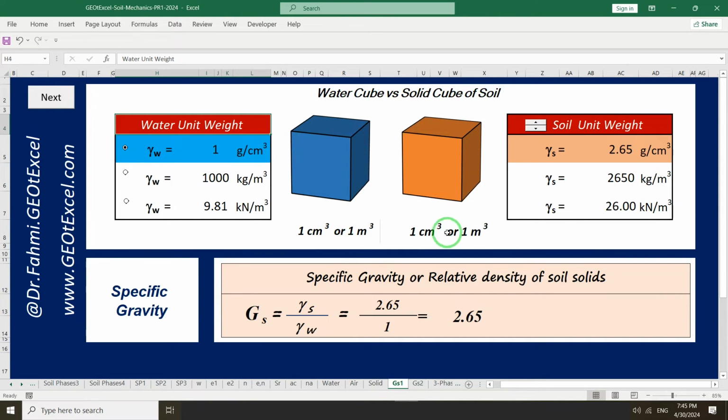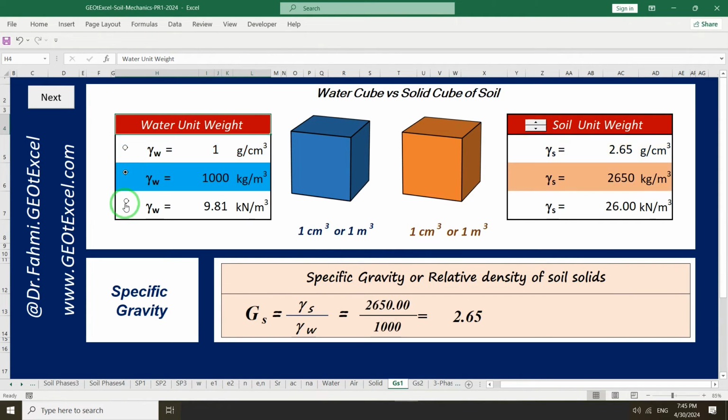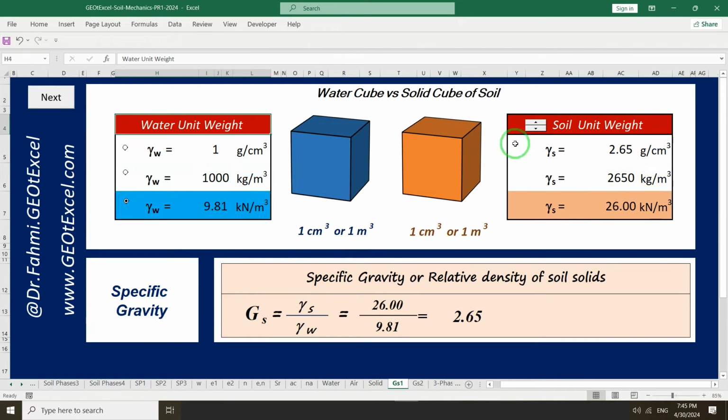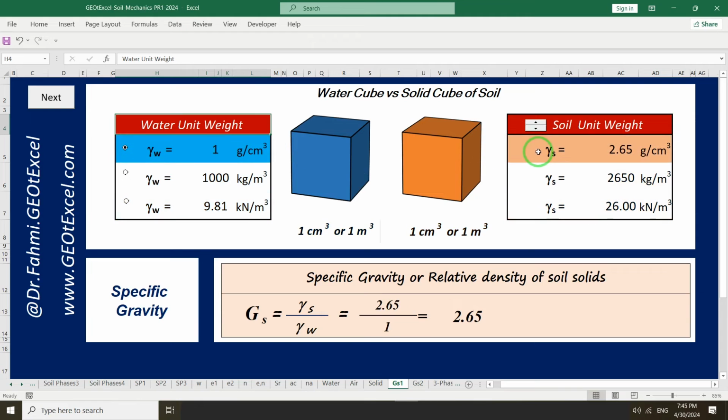For two cubes with 1 cubic centimeter or 1 cubic meter, gamma W, and gamma S for solid weights.